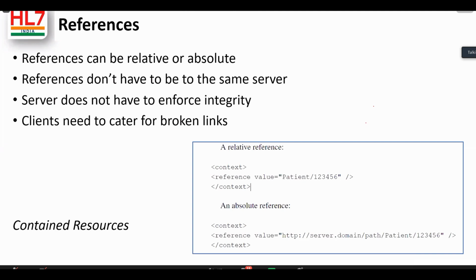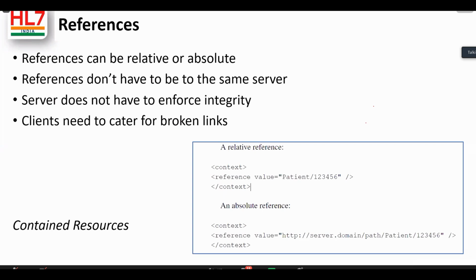The third point is servers do not have to enforce integrity. If something is broken, the server will just give you the error, like we saw, that this resource does not exist, or I'm not able to resolve the reference. It's not the server's responsibility to enforce the integrity. It's the client who needs to give the server the right URLs in their request, so that the server can act on it.